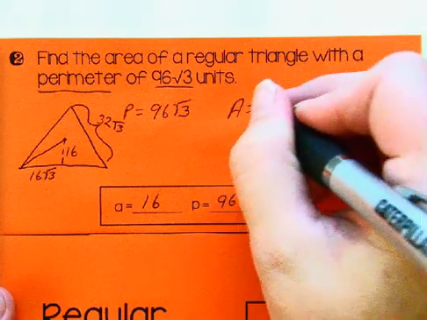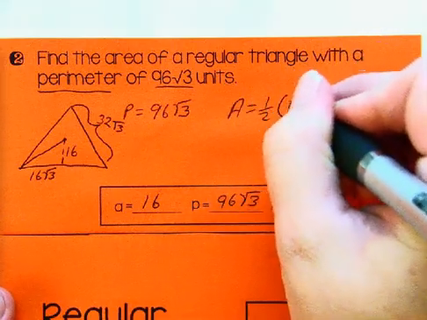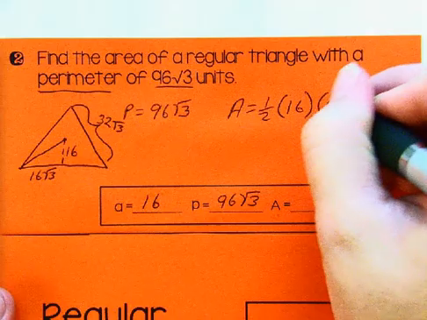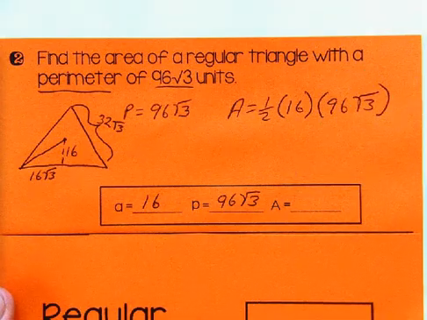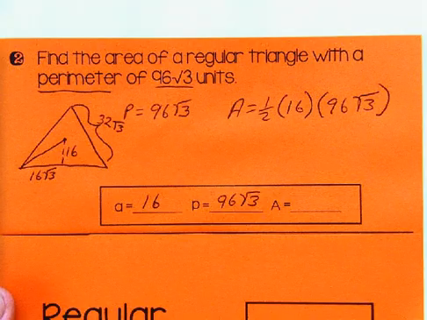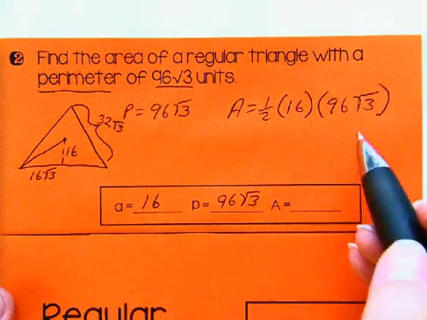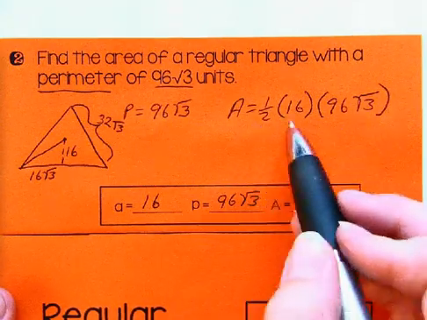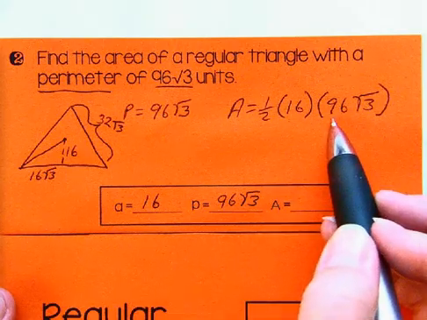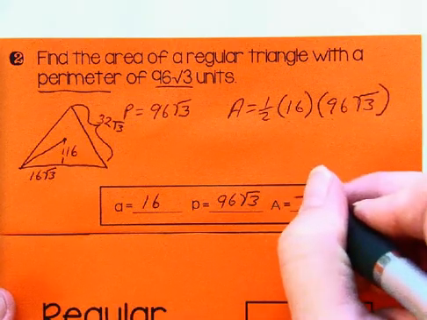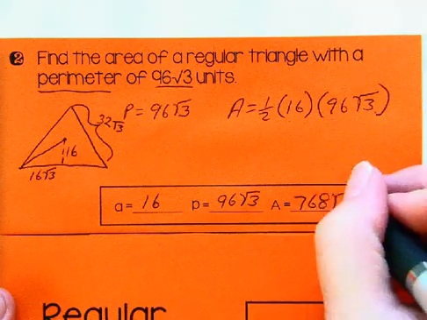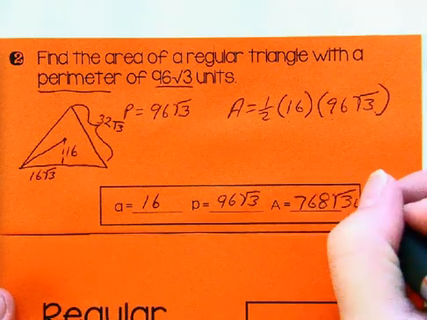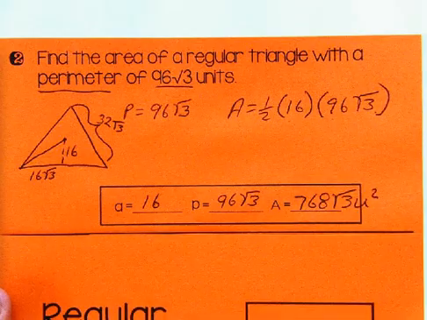A equals 1/2 times 16 times 96 square root of 3. This one you will need a calculator for. So go ahead and multiply those together. 1/2 times 16 times 96 gives us 768. We still have the square root of 3. And this one is going to be units squared.